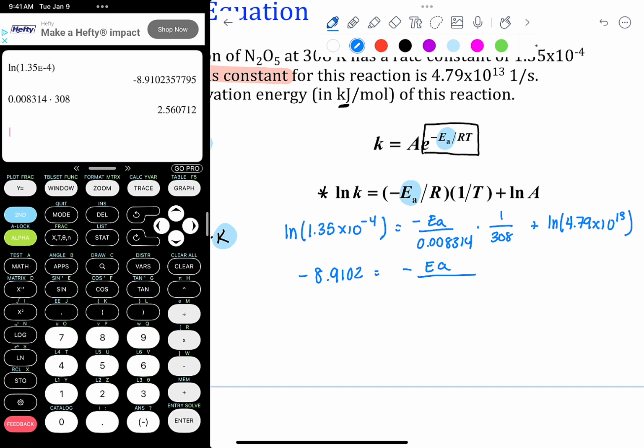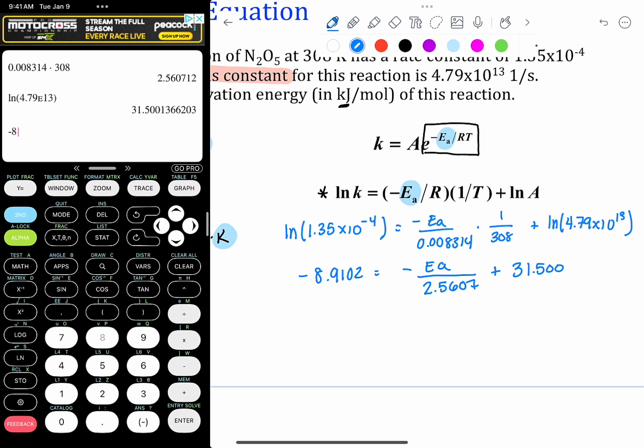Simplify that, we get 2.5607, plus the natural log of A, natural log of 4.79 times 10 to the 13. We get 31.500.